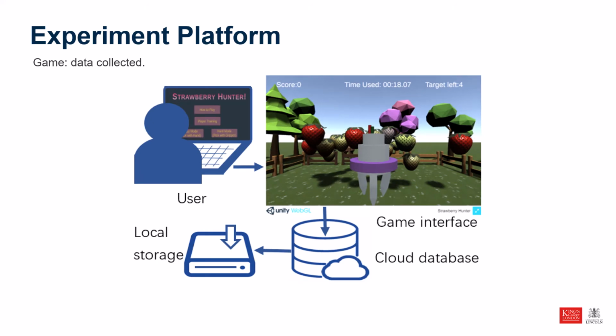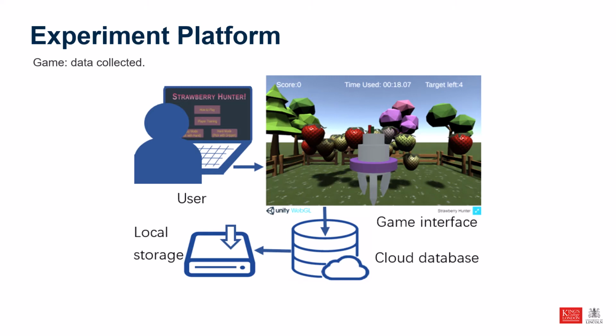The operation data for each player who played the game, including score, strawberry map, player movement, and order of strawberries chosen, is collected anonymously and sent to a cloud database after each round of the game.